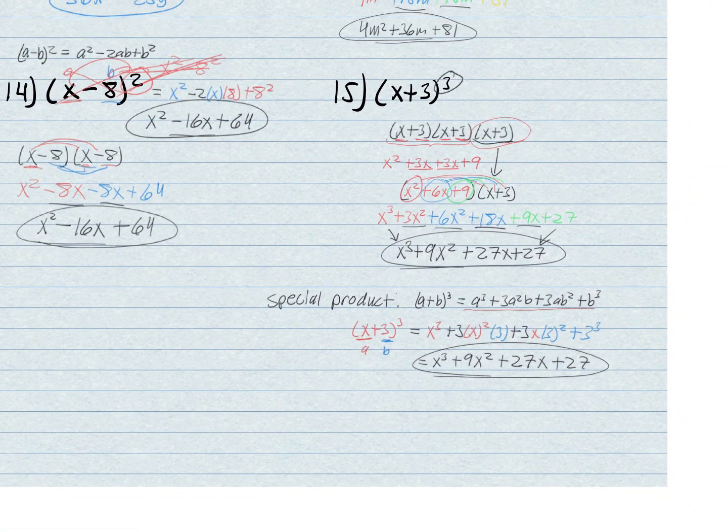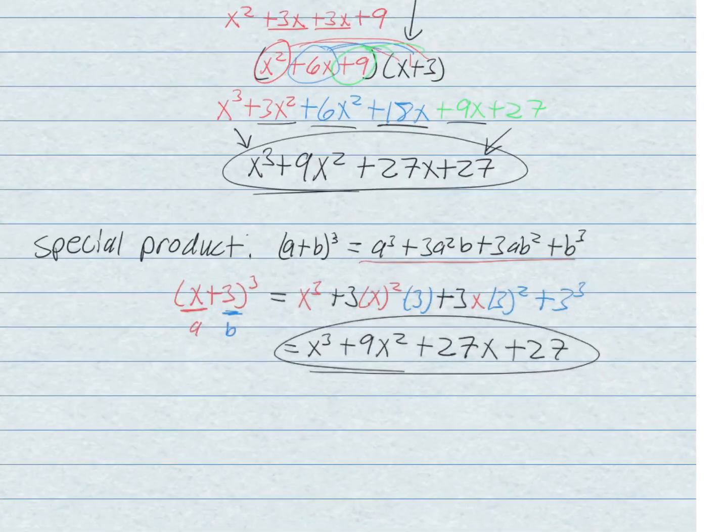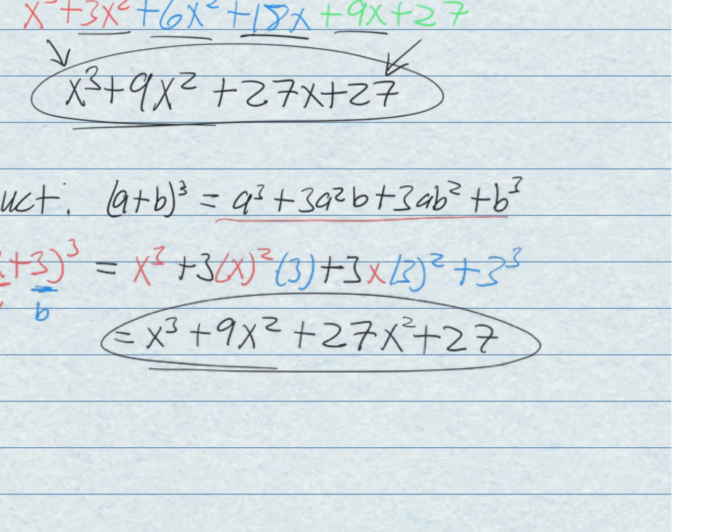Some common mistakes that I see in this section are just minor computational errors and really silly mistakes. I think for the most part, all my classes can do this pretty well. Just be mindful of little mistakes because that could cost you some points. When I say little mistakes, I mean maybe you write a 27x squared, maybe you just throw in a squared where there isn't supposed to be one, or maybe you don't write a square when there should be one.